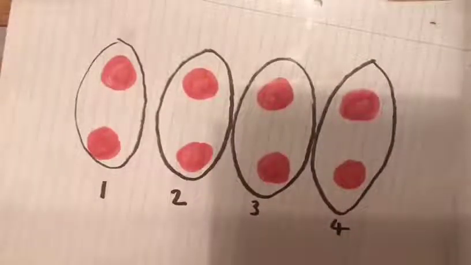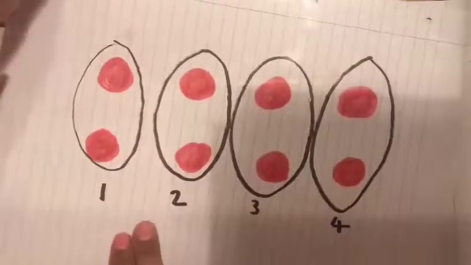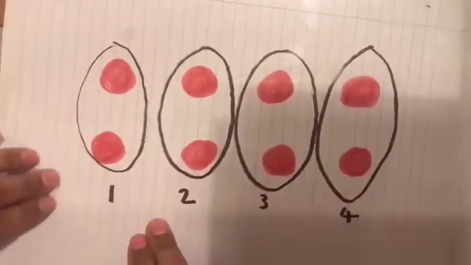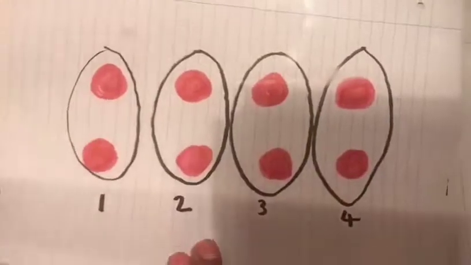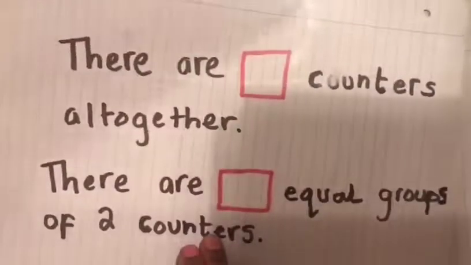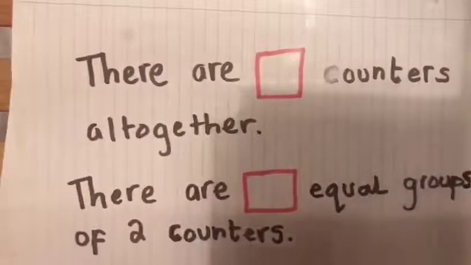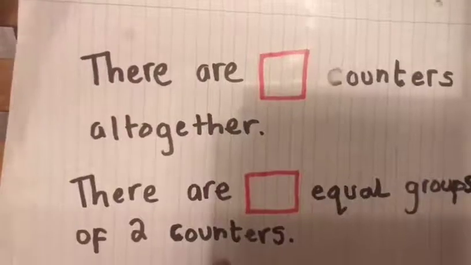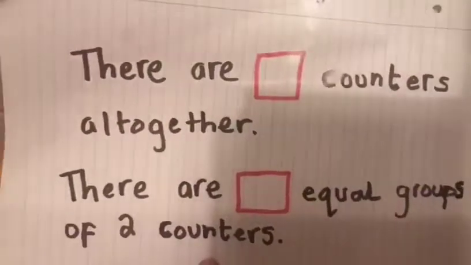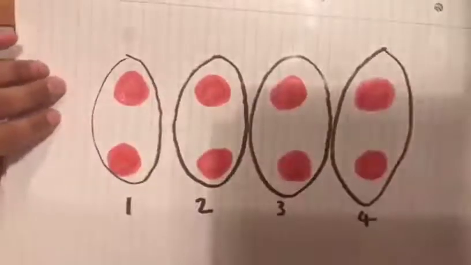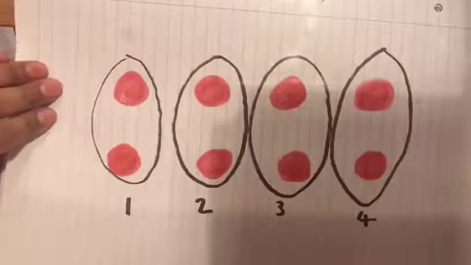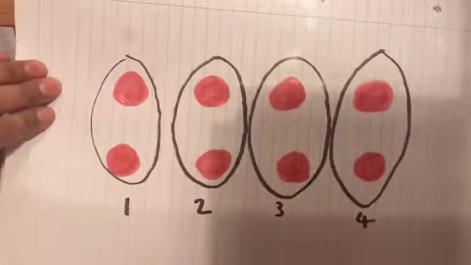Now, the remainder of question 2 asks us how many counters there are altogether and how many equal groups of 2 counters we have. So, I want you to have a look at the demonstration I just showed you to try and answer this question.